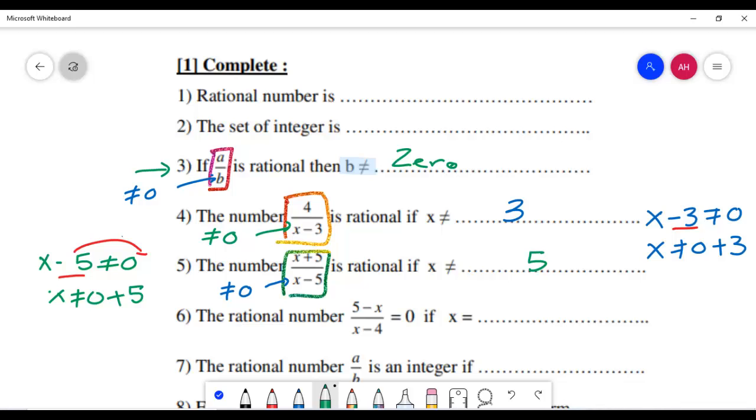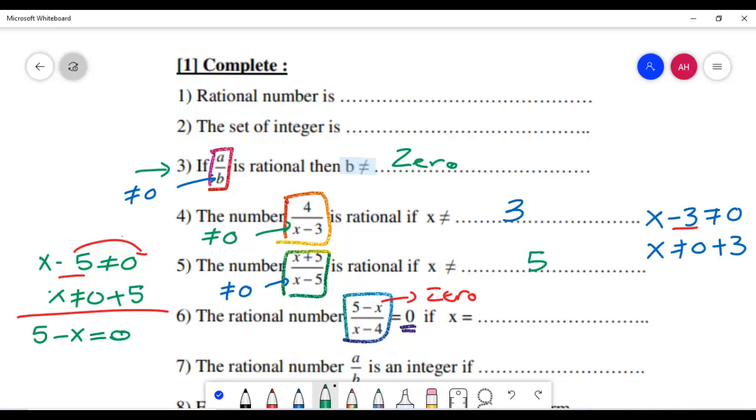The rational number 5 minus x over x minus 4 is equal to 0 if x is equal to... He's telling me that the rational number is equal to 0. We said that for a rational number to be equal to 0, my numerator should be 0. In other words, I am saying that 5 minus x is equal to 0.